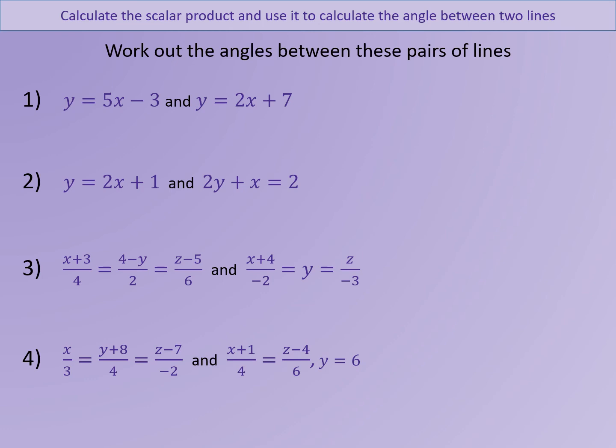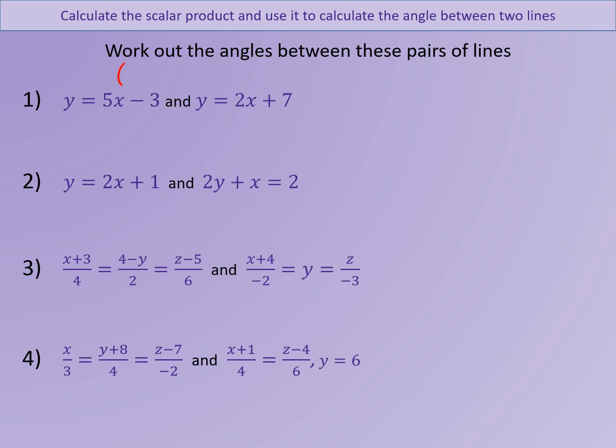In each of these 4 questions, for each pair of lines, first of all, find a suitable direction vector for each line, then find the angle between each pair of lines. So for the first question, the first line has a gradient of 5.